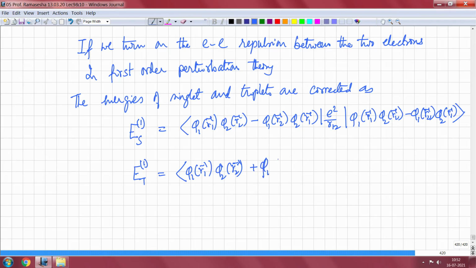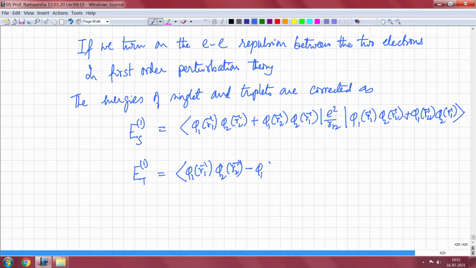Just a minute, for the singlet it should be plus here, I am sorry, because the spatial part is symmetric and the spin part is antisymmetric, and for the triplet the spatial part is antisymmetric and spin part is symmetric, so I have to be careful.